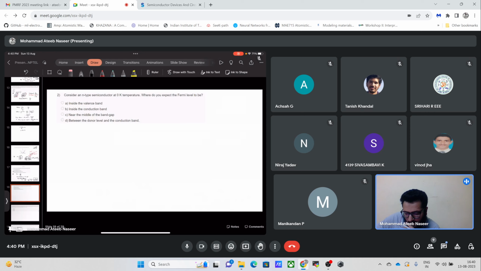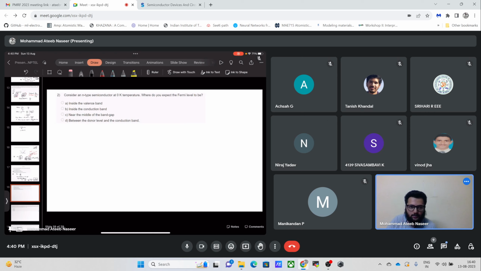Now let's move towards another problem, where we have an n-type semiconductor, and this n-type semiconductor is at 0 Kelvin. We have been told to find the Fermi level in the material. So let me ask you, where would you say the Fermi level would lie?